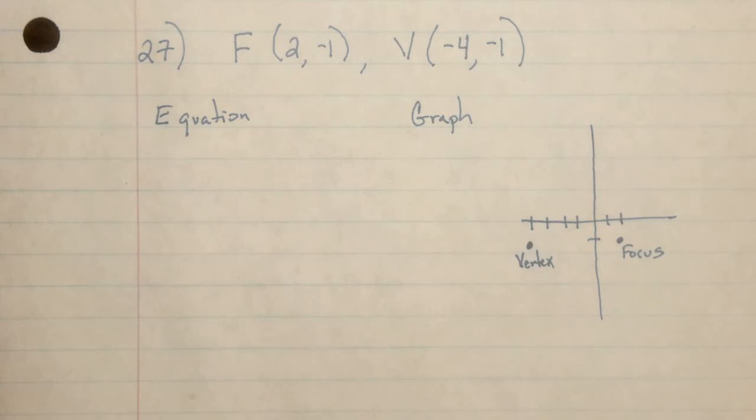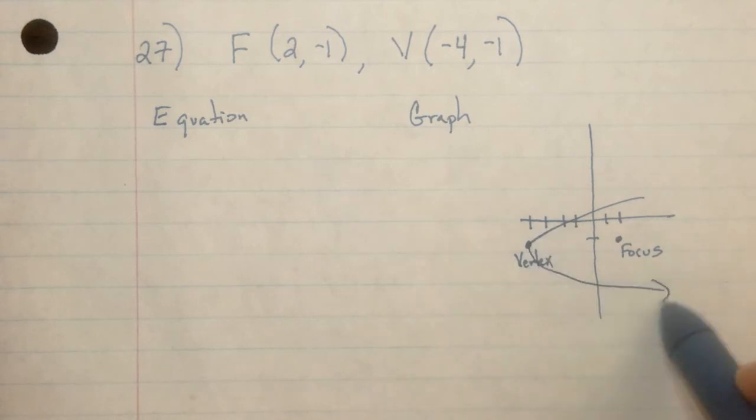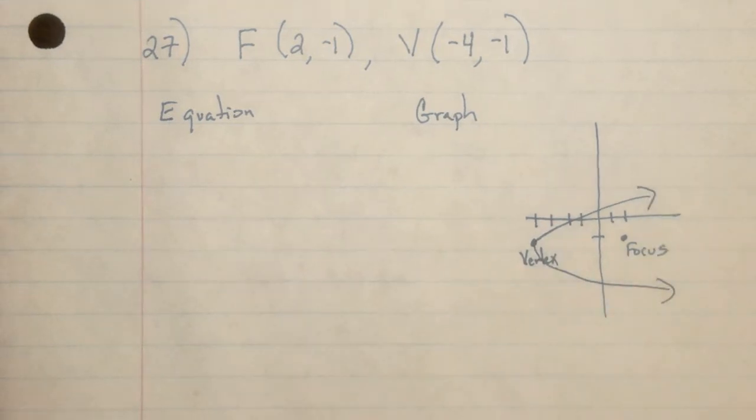So is this going up, down, left, right? The focus is inside the parabola, so can you see that this guy has to come this way? When you graph your vertex and your focus, you'll be able to see automatically which way it's opening.